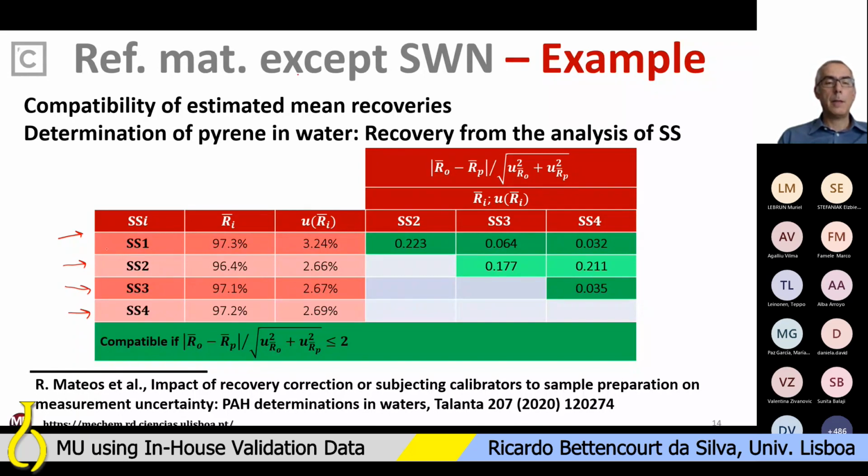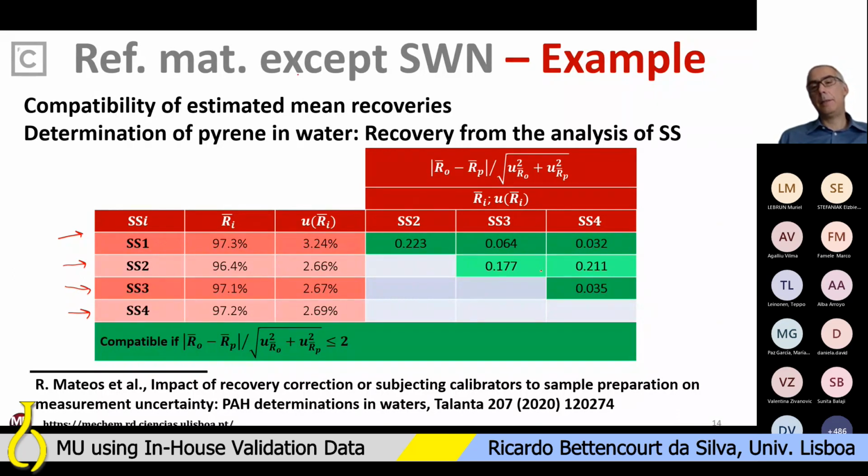So we use the formula, the previous formula, where only a reference material is considered, okay? And then we compared all pairs, first spiked sample versus second, third, and fourth, and so on.